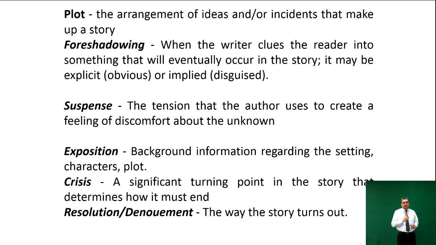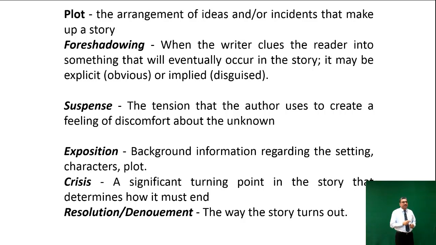First, the plot. As I have mentioned before, the plot is the arrangement of ideas and incidents that make up a story. Then, foreshadowing, when the writer clues the reader into something that will eventually occur in the story. It may be explicit, that is obvious, or implied.